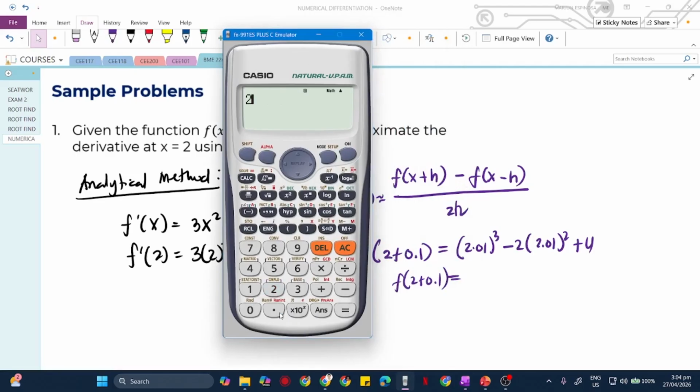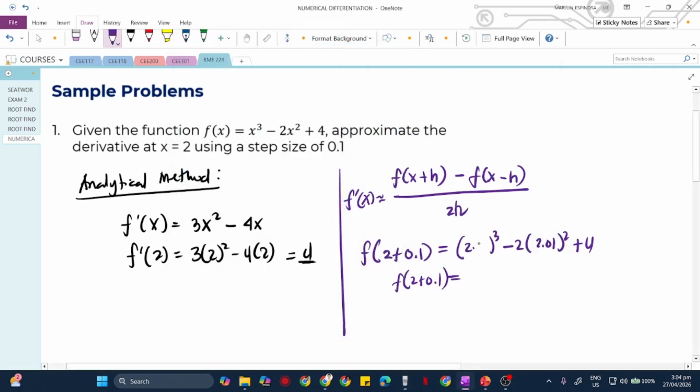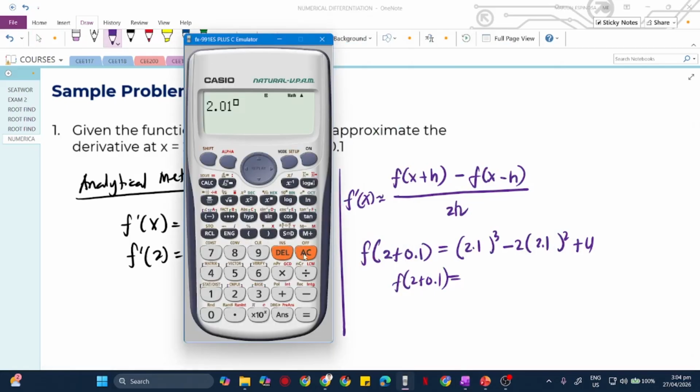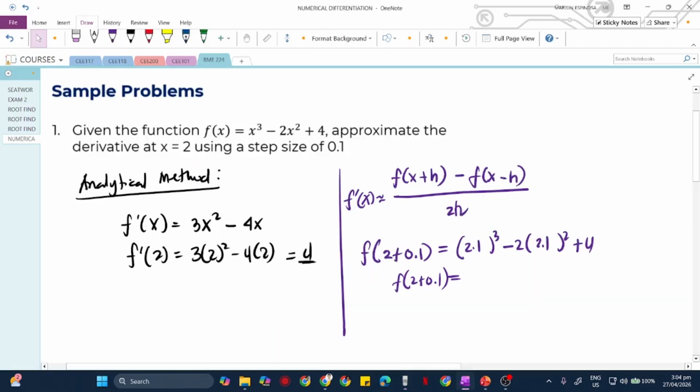Ay, mali pala, no? 0.1 pala to. 2.1, sorry. Okay, this is 2.1 cubed. Paki calculator naman. So, do we have the same answer? Yes, sir. Okay. So, that is 4.441.